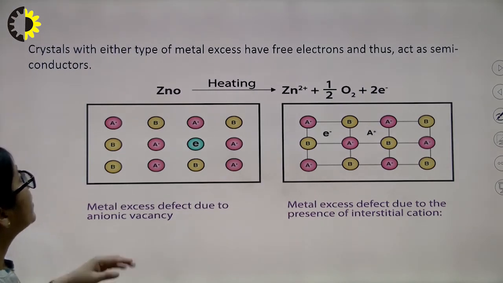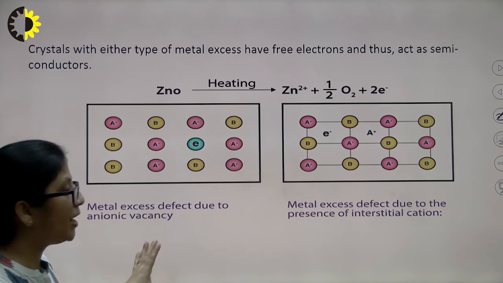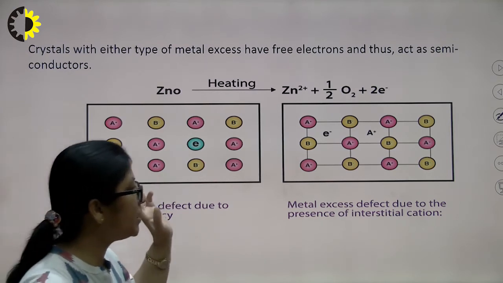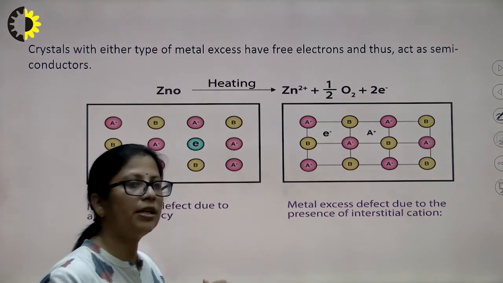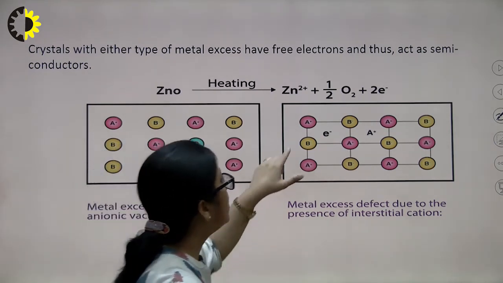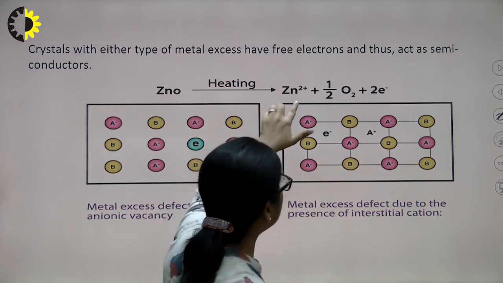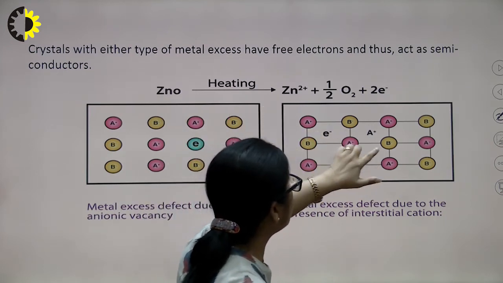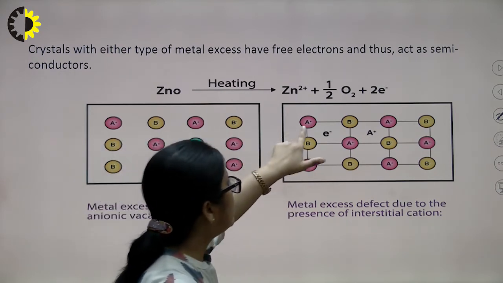Here this is the crystal metal excess defect due to anionic vacancy, which I have already taken. Now, this is the metal excess defect due to presence of interstitial cation. Here A plus is the cation which represents the zinc in this case, and B minus, the anion, represents oxygen in this case.